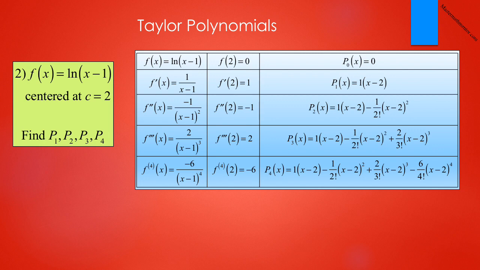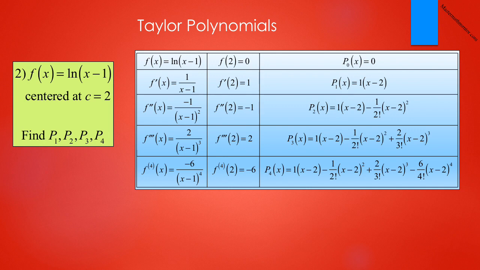We next take a look at f prime of x, which is 1 over x minus 1. F prime of 2 is 1. So therefore our first degree Taylor polynomial would be 0 plus 1 times quantity x minus 2. Our second derivative will be negative 1 over x minus 1 squared.